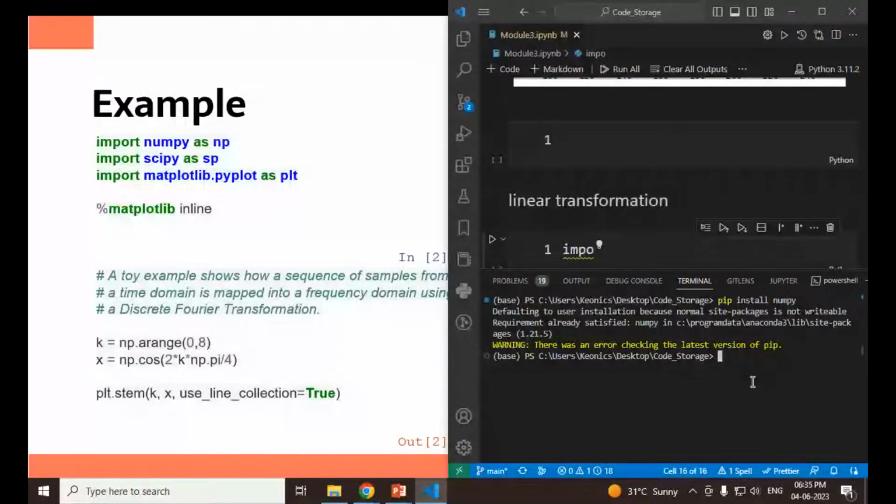Shall I make it NP.py? Yes, import numpy as np.